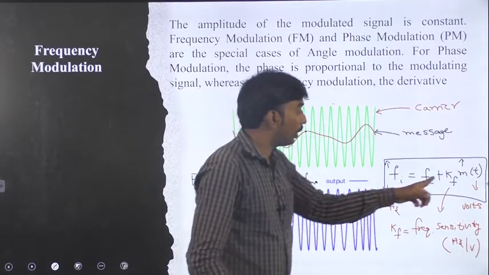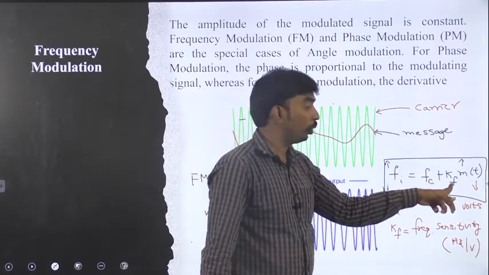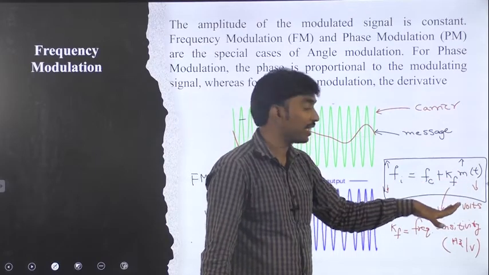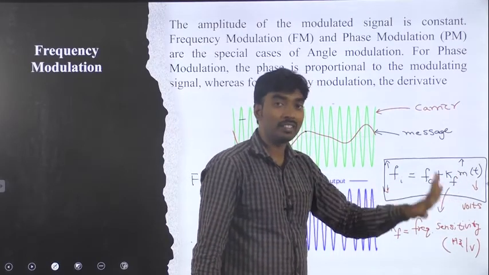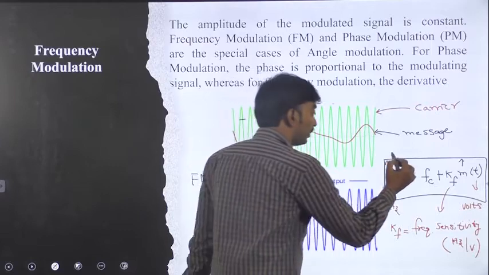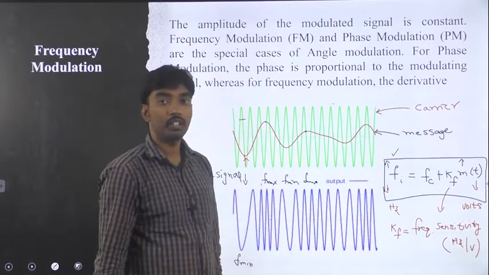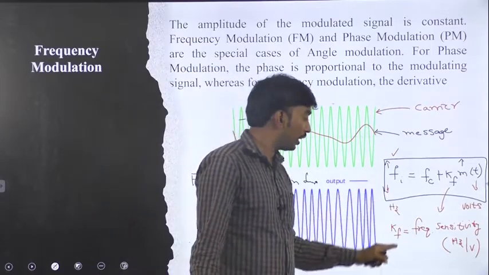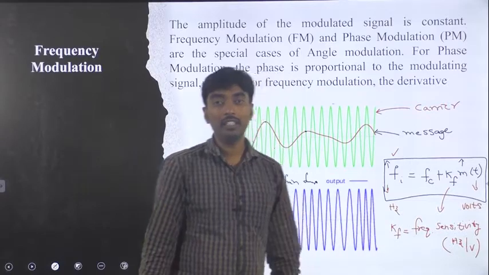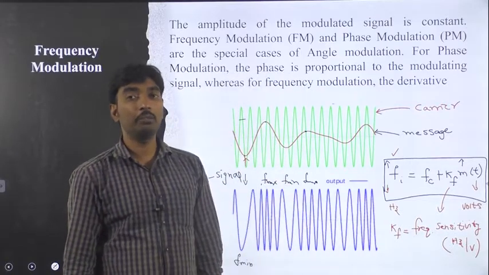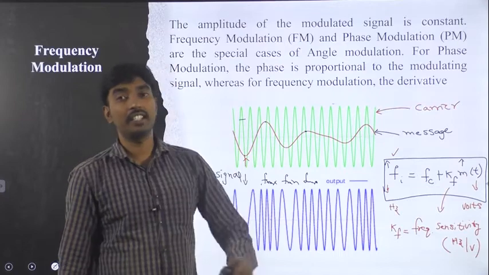Hertz per volt into volt gets cancelled and this becomes hertz. Now this satisfies the expression. So that is why the units for Kf must be hertz per volt. Kf is nothing but frequency sensitivity.